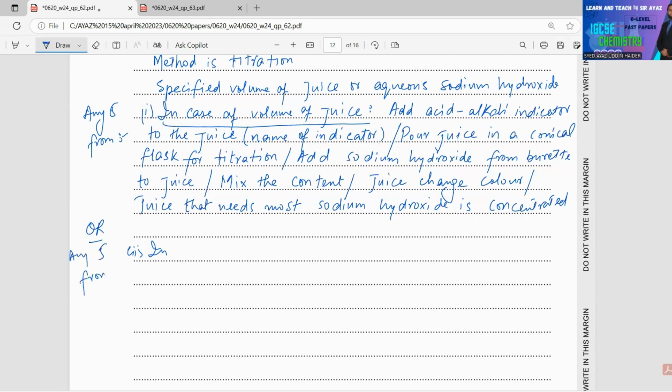In case of volume of sodium hydroxide, we will add acid alkali indicator.